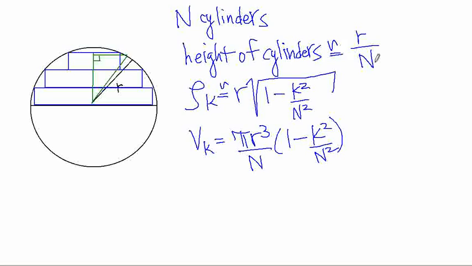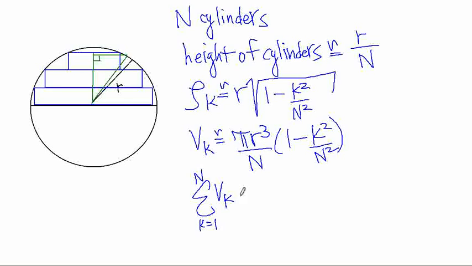Now, to arrive at those two formulas, you need to use the Pythagorean theorem, as I've stated, and also the volume formula for a cylinder. Okay? So the volume of half of the sphere is approximately the sum of the volumes of all of the cylinders. Okay? And the k runs from 1 to n, because we said there were n cylinders.